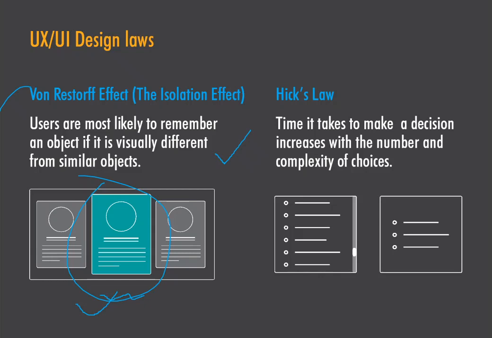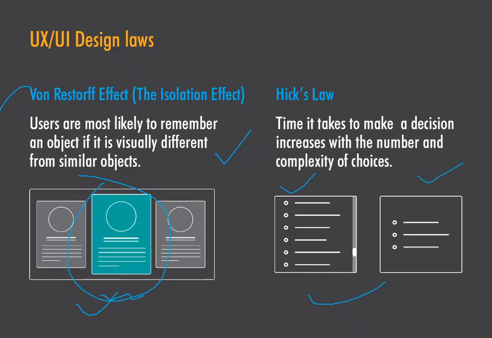Okay, the next law is Hick's law. It implies that the amount of time it takes to make a decision increases with the number and complexity of choices. It means when designing an interface, you should make the choices as few as possible. Guys, which one is better for you when you are in a hurry?